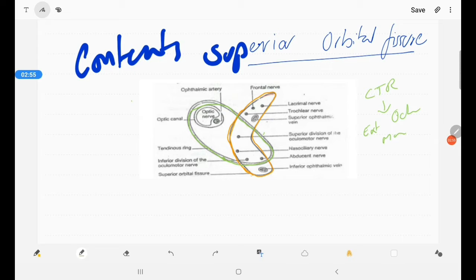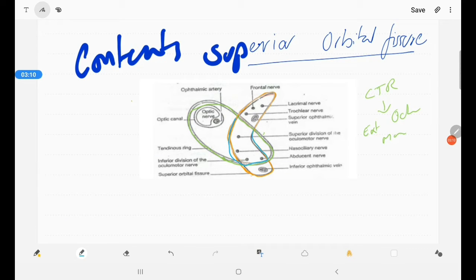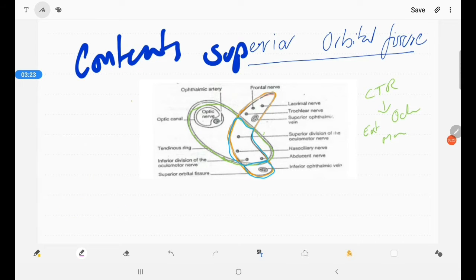So in exams they ask what are the structures passing through the superior part of the superior orbital fissure, the structures passing through the central part, and the structures passing through the inferior part. That's how they ask the questions. We know the structures passing from the diagram, but it's very confusing to remember them in order and in their right locations.